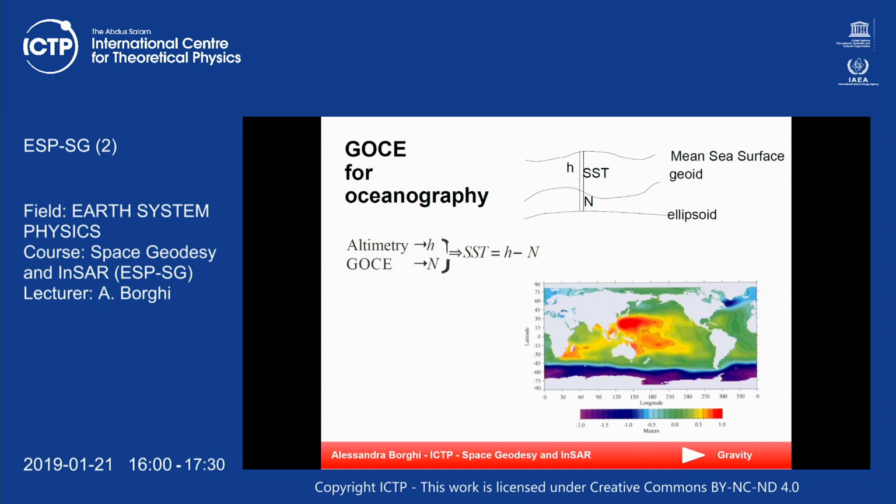The Gulf Stream, for instance, is a big quantity of water that gives us a topography. So by combining these two pieces of information, we have information about the sea surface topography, the quantity of water, and for oceanographic applications it's really important.